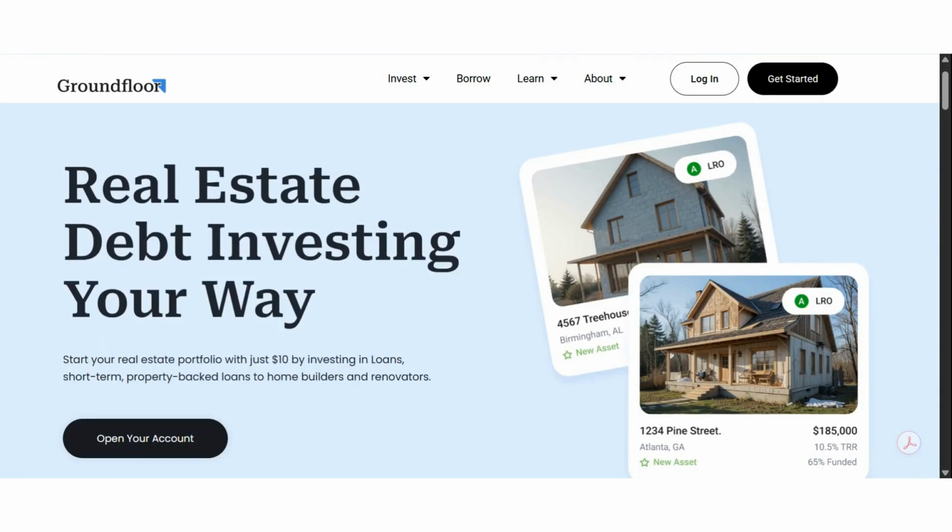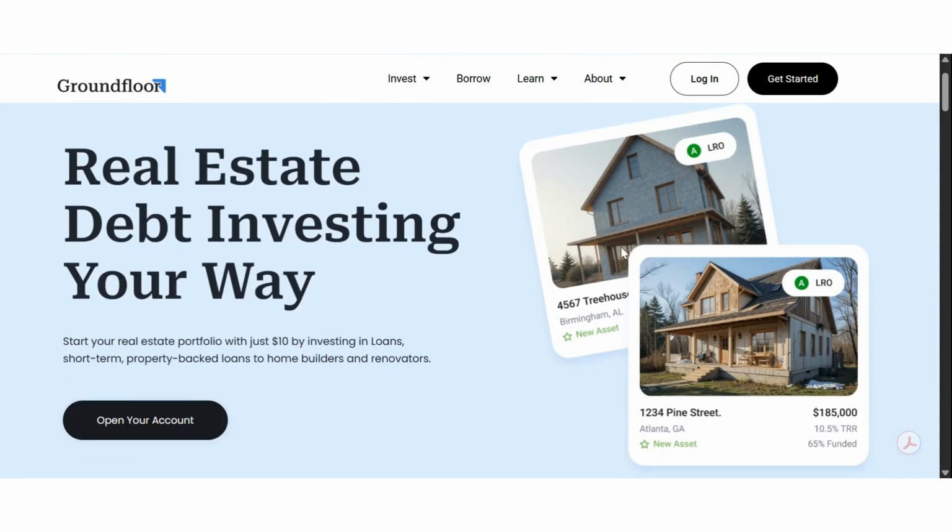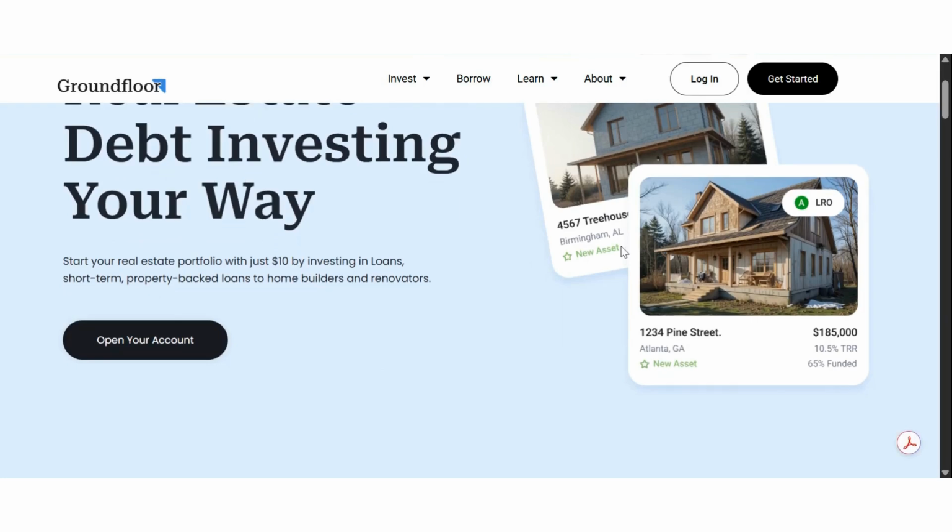There are a bunch of possibilities of different loans, and Groundfloor does its own research and grades what that loan and what that return would be. For me to show you what that looks like, I'm going to log into my account and go through what it actually looks like.